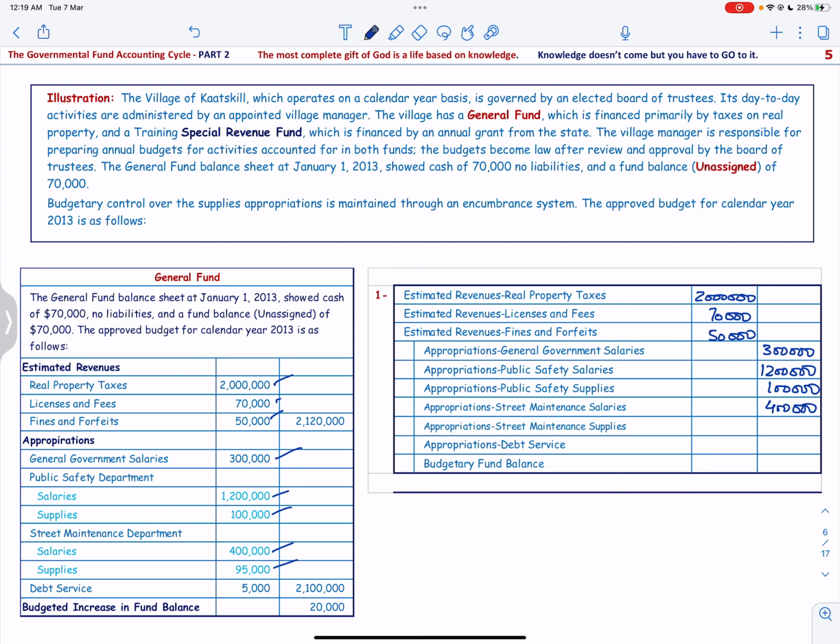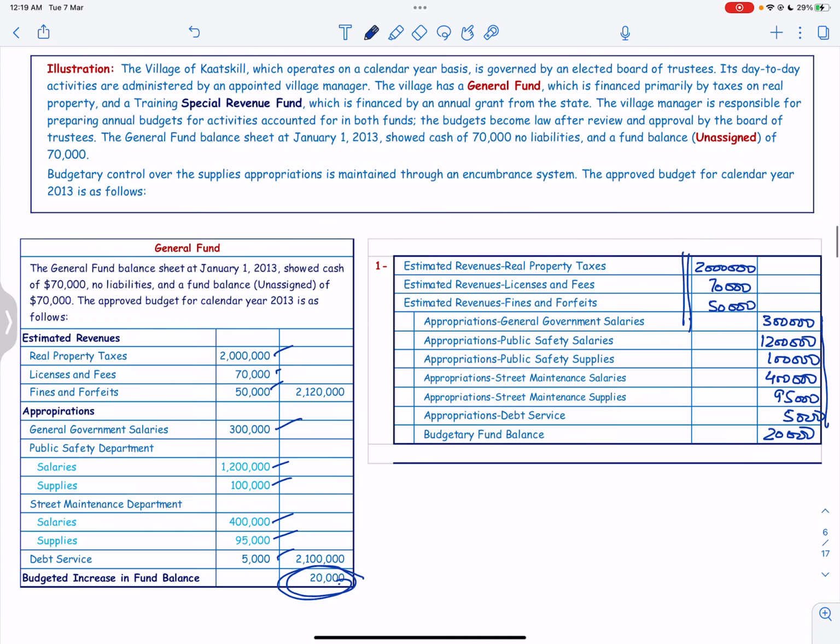Supplies for 95,000. And appropriations for debt service 5,000. And since the total of debit is more than the total of credit, we have an increase in the fund balance by 20,000, and that is credit again.